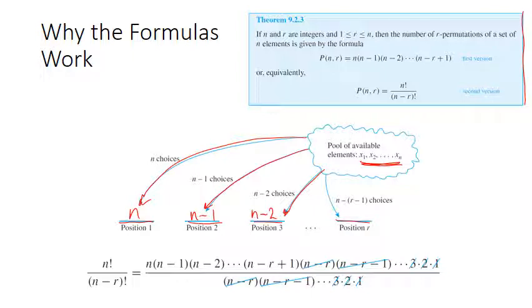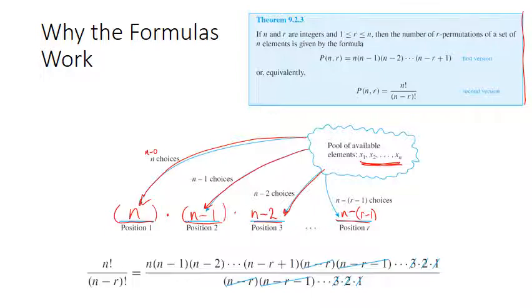And then you just keep going like that, and if you count very carefully, you can figure out that there are n minus (r minus 1) left when you're choosing your rth object to be placed down. Because if you think about it, this is like n minus 0 right here, and then you have 0, 1, 2, and so on. If you're starting with 0, then you stop at r minus 1 to make sure you've done this r times. Okay, so that's why that is the formula right there.